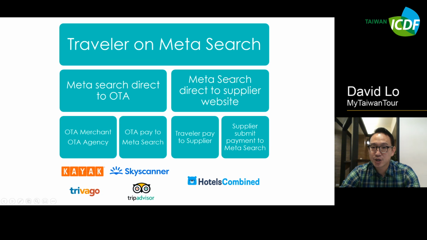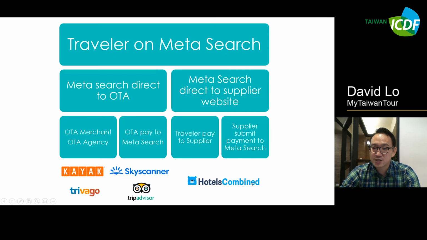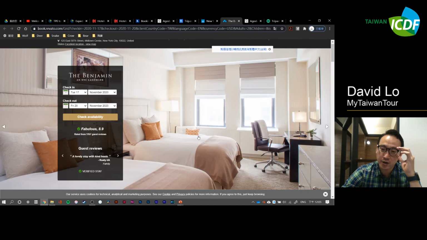Meta search directs to the supplier's website, but this website actually comes from Hotels Combined. Although as a traveler you think you're paying the supplier directly, the supplier at the end of the day still has to pay Hotels Combined because they are using their website for it.